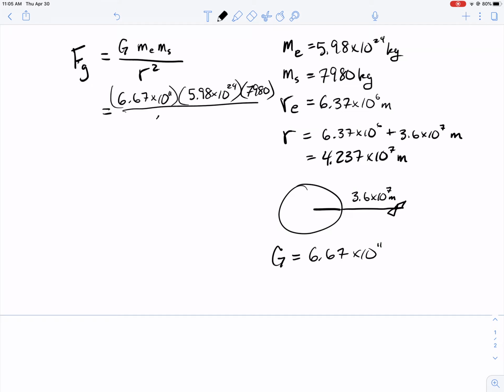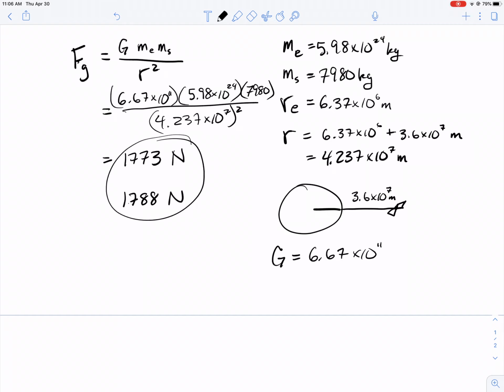And we have 4.237 times 10 to the 7 squared. And when we plug all that in, we get 1773 newtons. I believe when we calculated it in our assignment, we got 1788, something like that, newtons, which is pretty close.